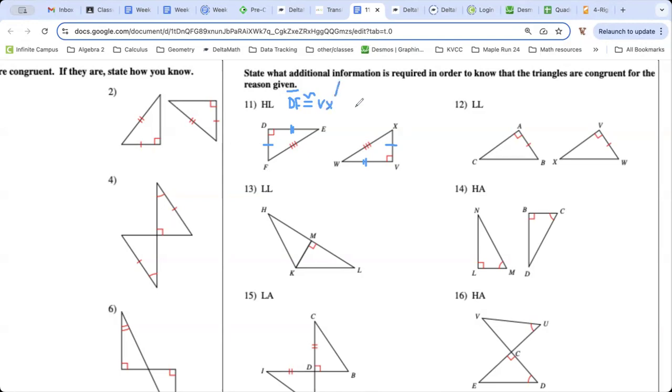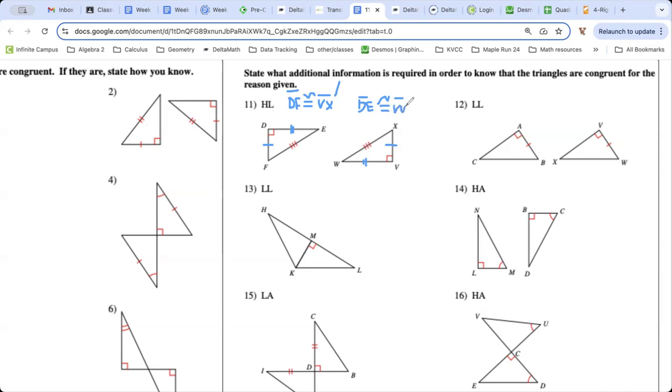But there's a second solution for that, okay? There's a second solution. The second solution is what? Line segment DE is congruent to line segment VW, okay?